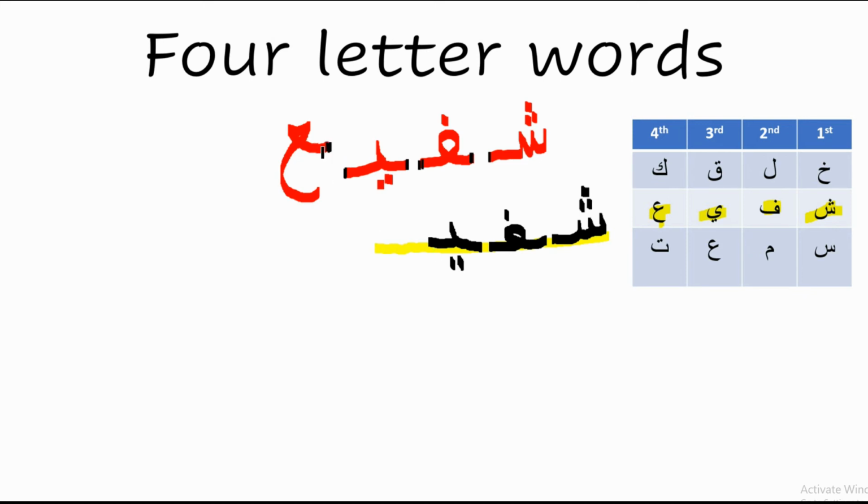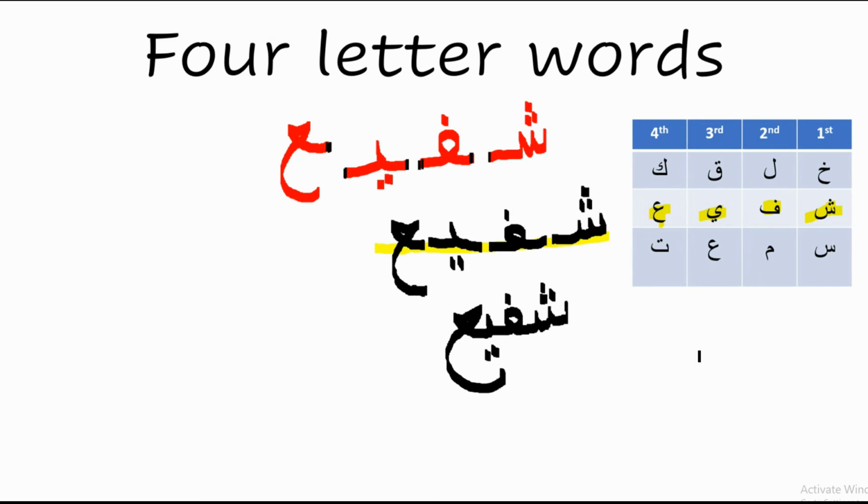Ain is a bit high, so what we do, we bring it down so that the joining point is in line with this one. So we start from here, and then ain. Okay, now let's write it properly. Let's cover these gaps and then write it properly. Sheen, fa, ya, ain. That's how we will join this word.